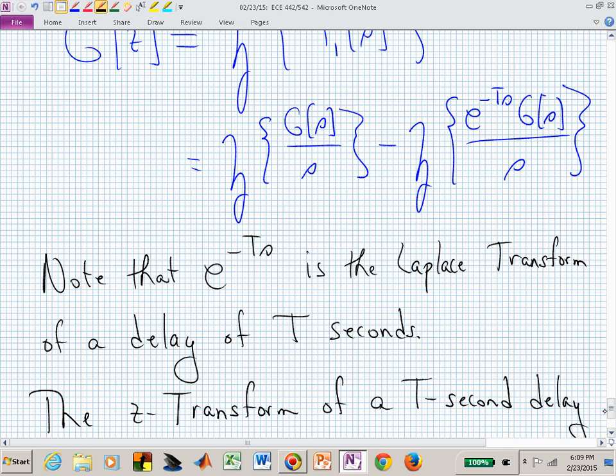And that now allows us to simplify this expression for capital G of Z. It's made up of two pieces, G of S over S and G of S over S delayed by one sample period. We are going to be able to factor out that one sample period by simply pre-multiplying it by Z to the minus 1.